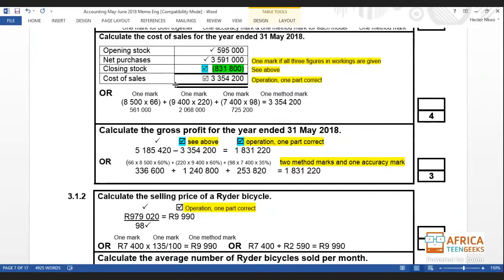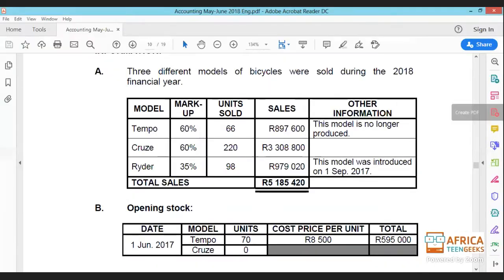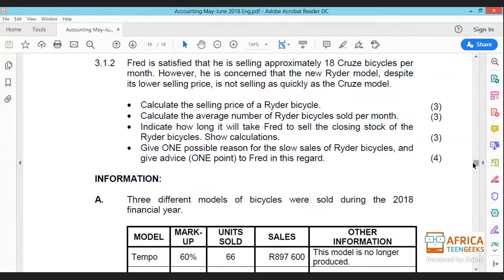Then the next question goes like, calculate the average number of rider bicycles sold per month. So the average number per month.